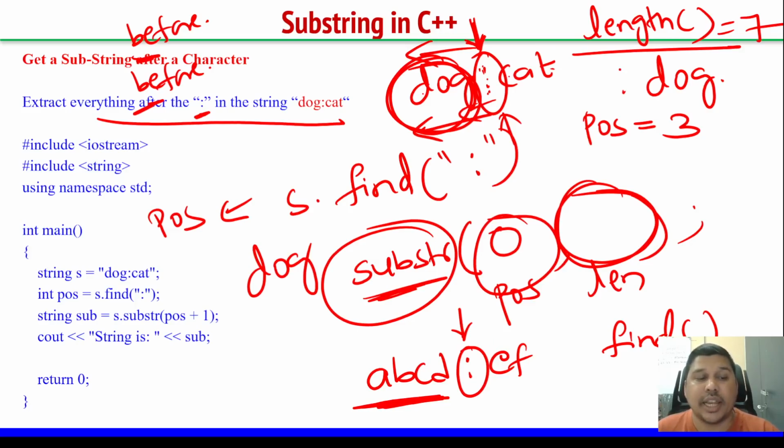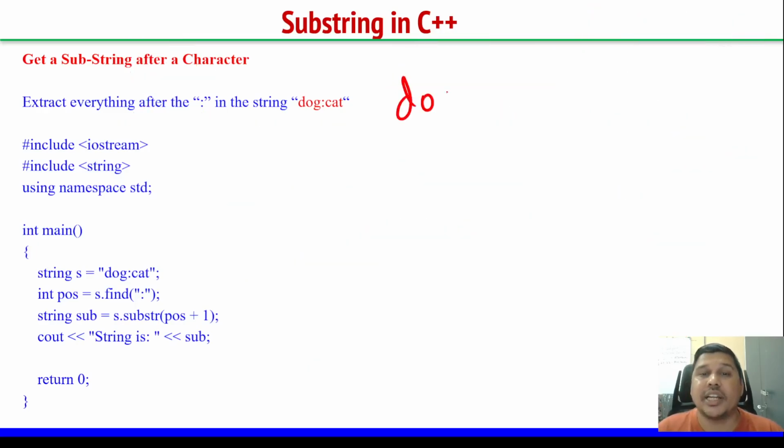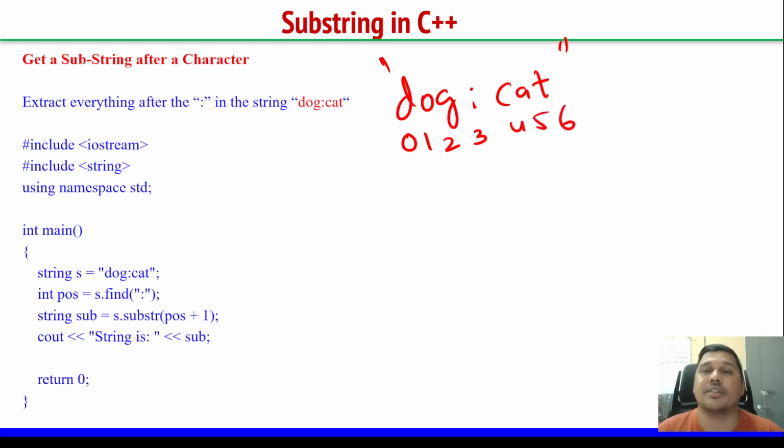You do not know how many characters are there, but you know the position is 3. Let me repeat once again: the string is dog colon cat, with index 0, 1, 2, 3, 4, 5, 6.